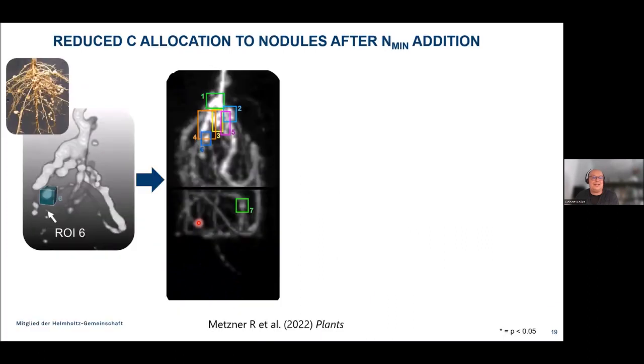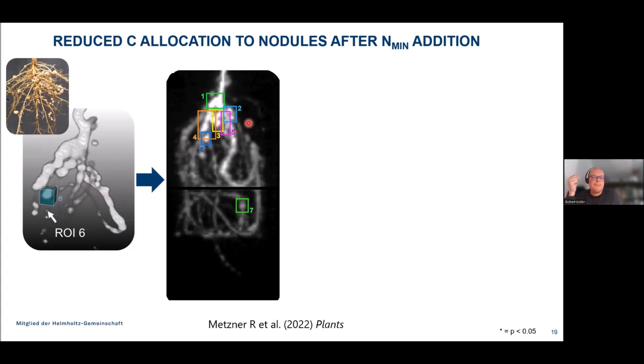And my colleague Ralf Metzner managed to identify, in our analysis pipeline, this region of interest within the 3D environment of those nodules. He collected the information on the specific activity of the tracer inside the nodules, and then he asked the question: what will happen if we now add mineral nitrogen to the root system?